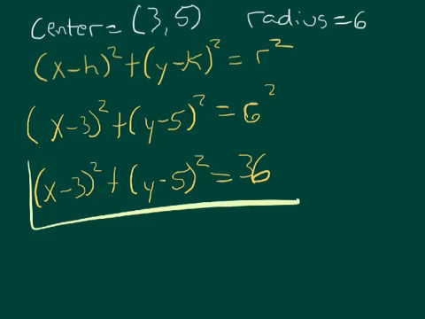And this right here would be your final answer. So that, once again, is writing the standard form of the equation of a circle with a center and a radius that is known.